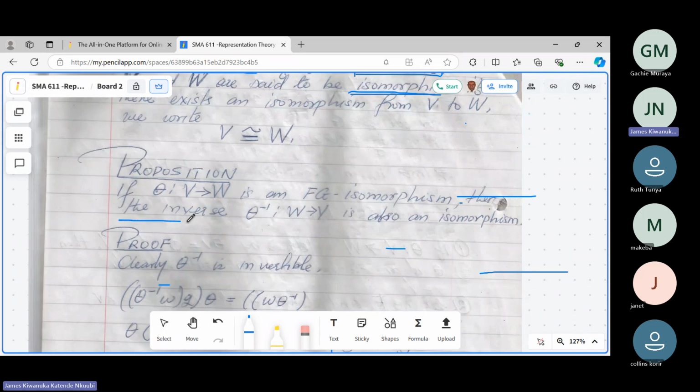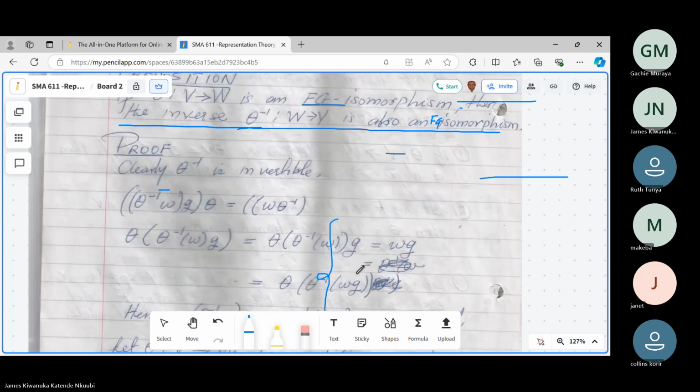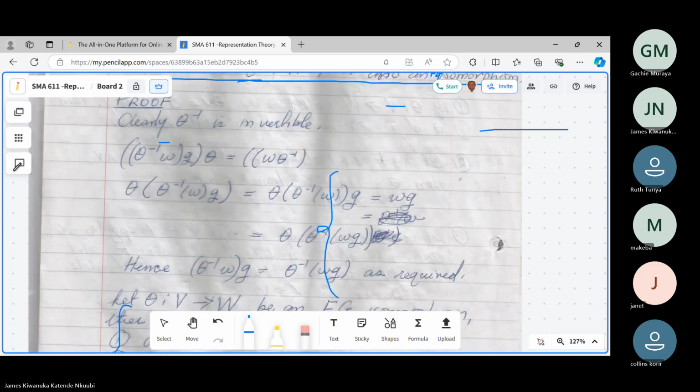So this one checks that if you have an isomorphism, an FG isomorphism, then the inverse will also be an FG isomorphism, not just an isomorphism, but an FG isomorphism. So theta inverse is invertible.